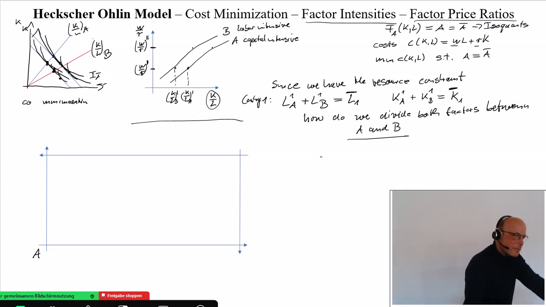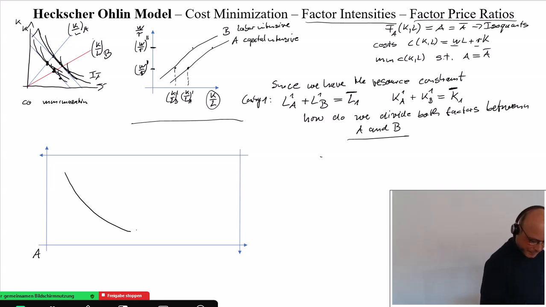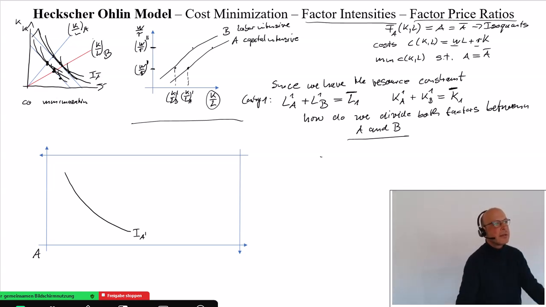On the left one, we just draw our known diagram for good A. For this good A, we know that we have just an isoquant IA prime given at just one production of our good A, let's say 3 units, K and L again.